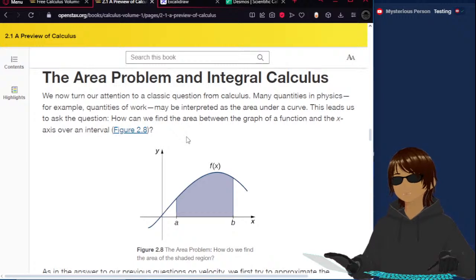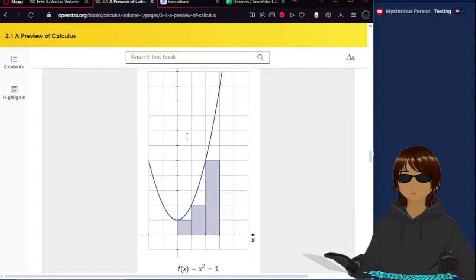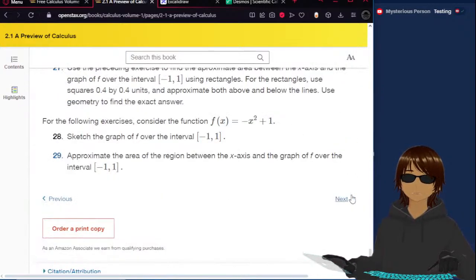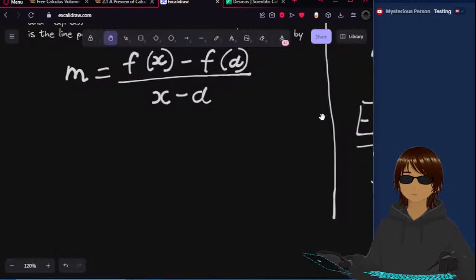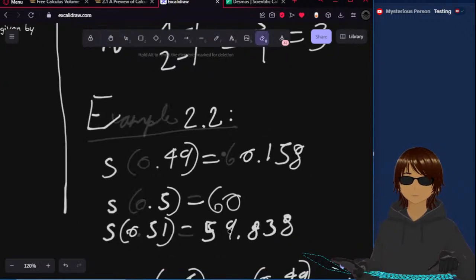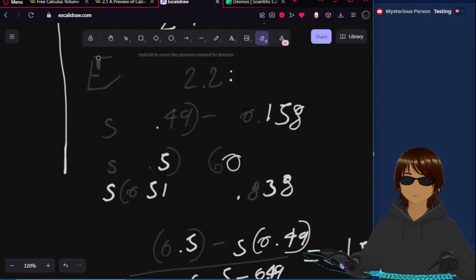The area problem and integral calculus. Okay, let's skip the preview of calculus, and let's go to limits because that's what I'm here for. Also, let's just erase this. Is there a faster way to erase all this?